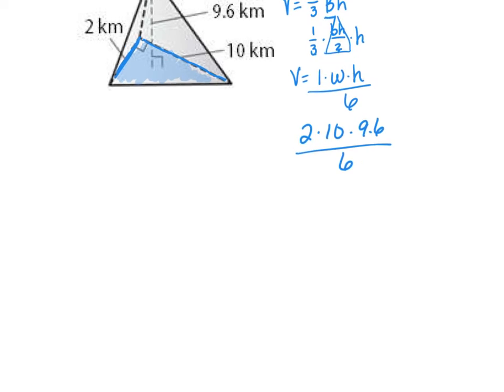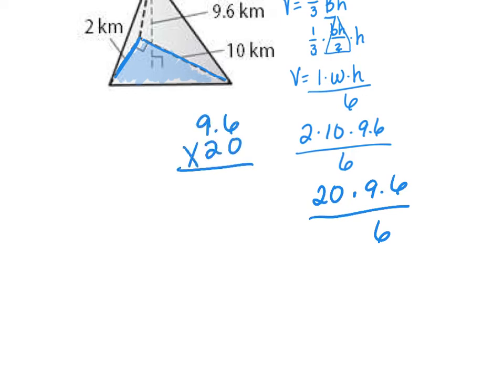So 2 times 10 is what? 20. Okay. 20 times 9.6. I line up. I just need to multiply like normal and then move my decimal. So 12. Okay. So I got 192. 192 divided by 6.